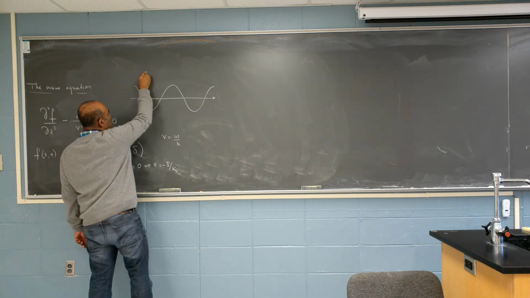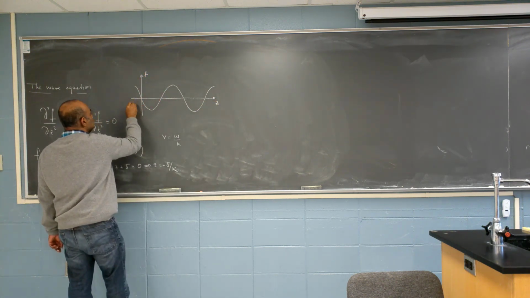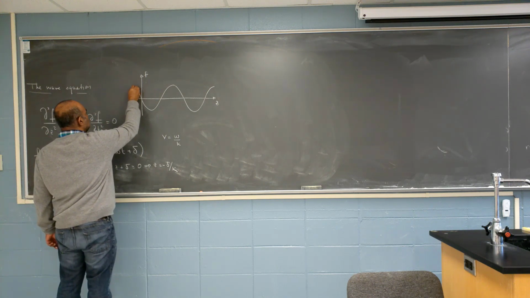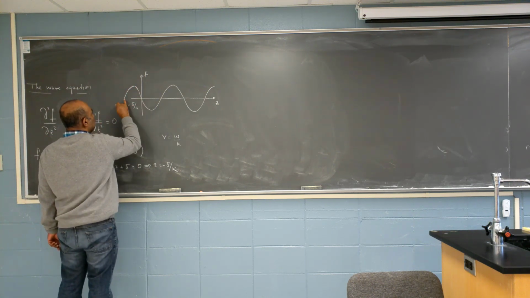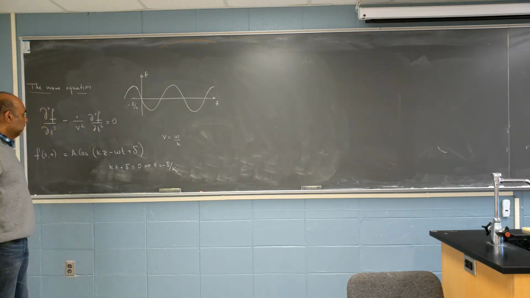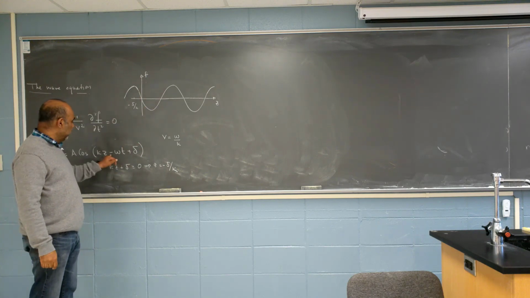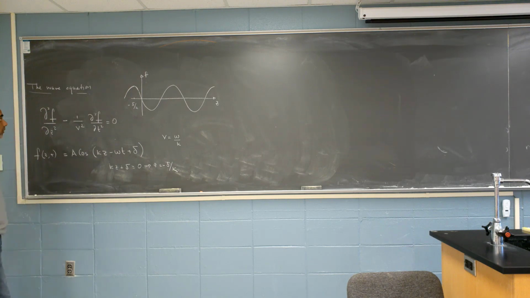This is F, this is Z, and this is minus delta over K. That's where it started from, so to speak. If delta is minus, the phase would be that way. If this is plus, the wave would be traveling this way. All right, this is math. We didn't talk about any physics at all.